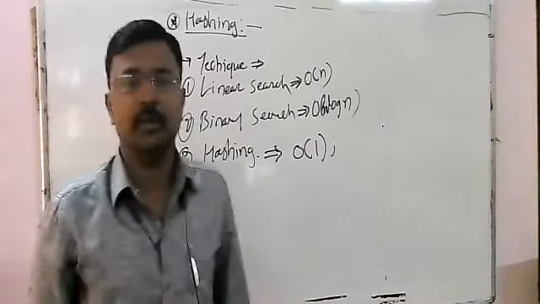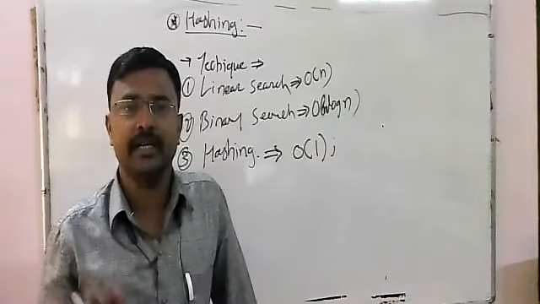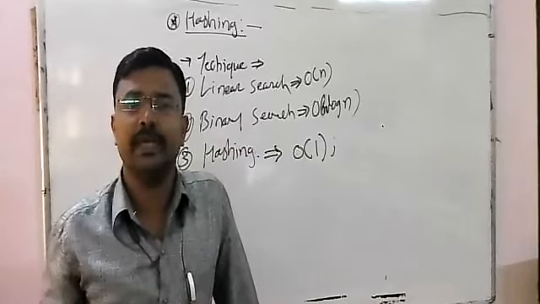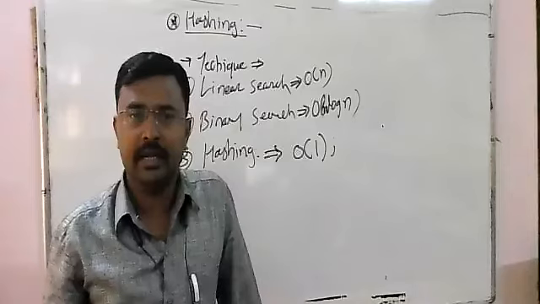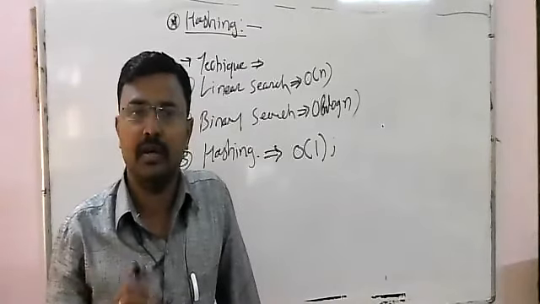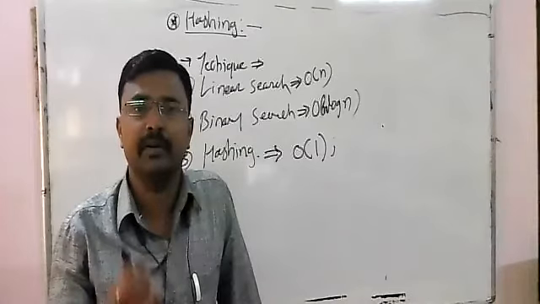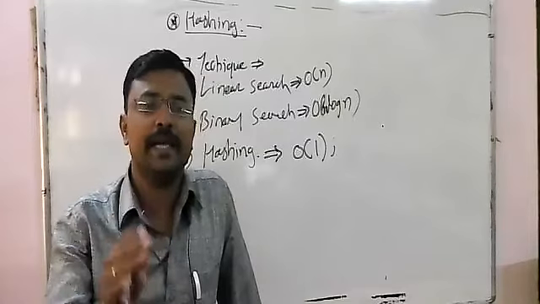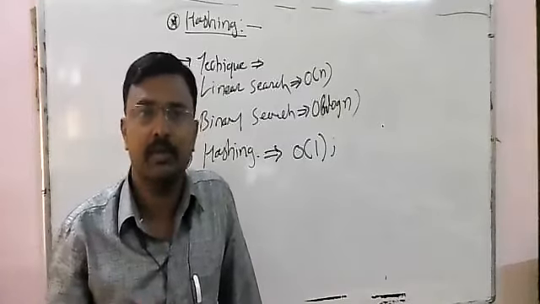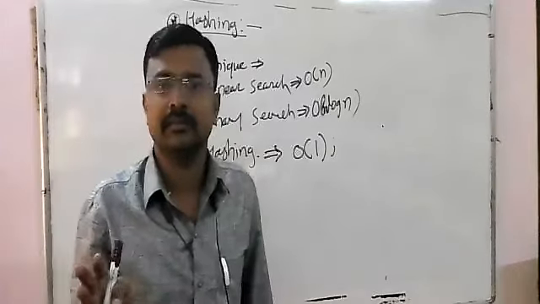All the types of complexity, best case, average case, and worst case, are O of 1, because your elements are stored at a particular index and you directly access that index.